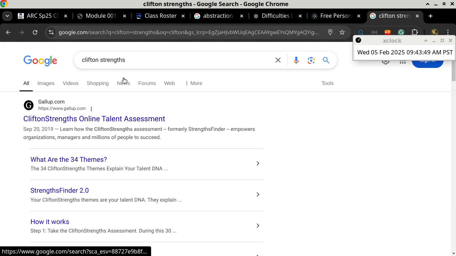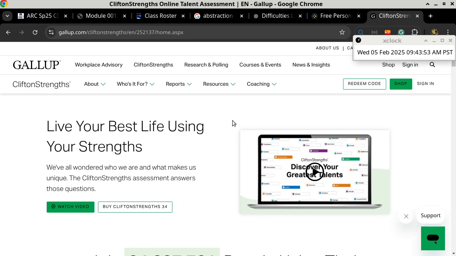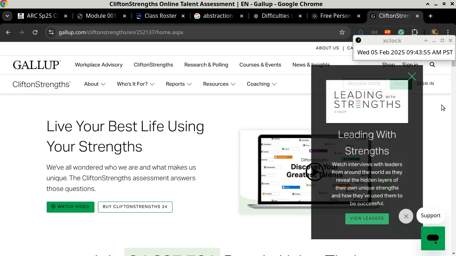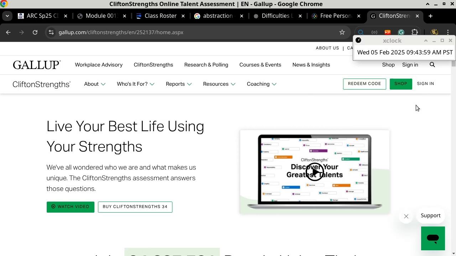So this one is not free, and I do not necessarily want people to pay for it. But for those of you who can afford about $60 for the test, it is actually kind of interesting. This one gives you a ranking of your strengths. There are close to 60 different traits, and it will rank those traits.